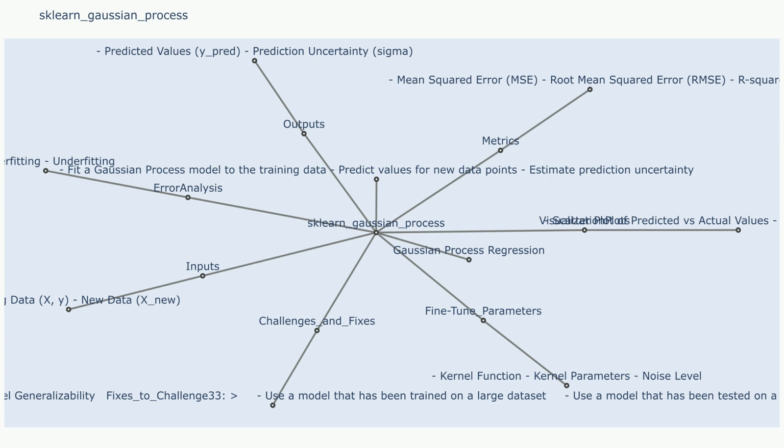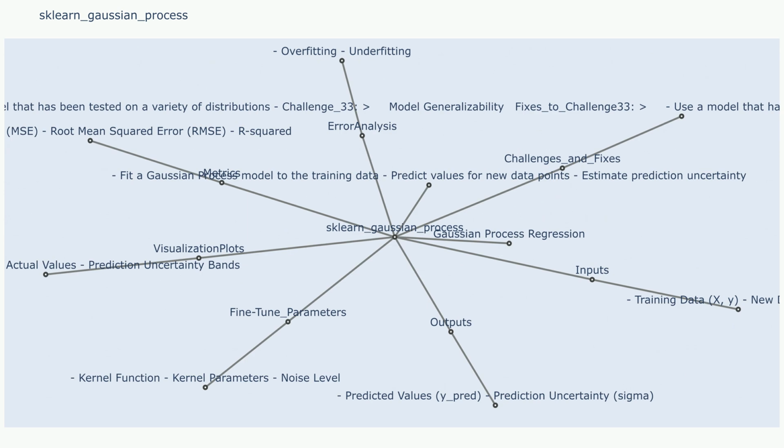Metrics. Mean squared error (MSE) measures the average squared difference between the predicted values and the actual values. Root mean squared error (RMSE), the square root of the MSE, providing a more interpretable measure of prediction error. Log likelihood measures how well the model fits the training data.